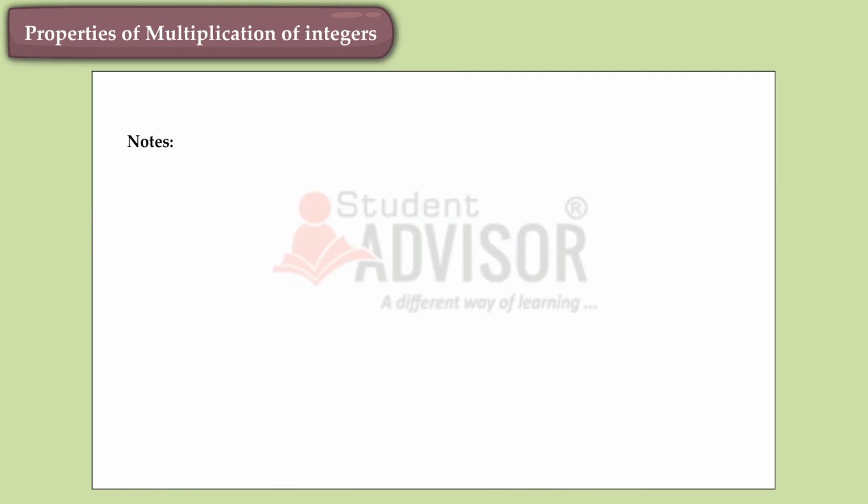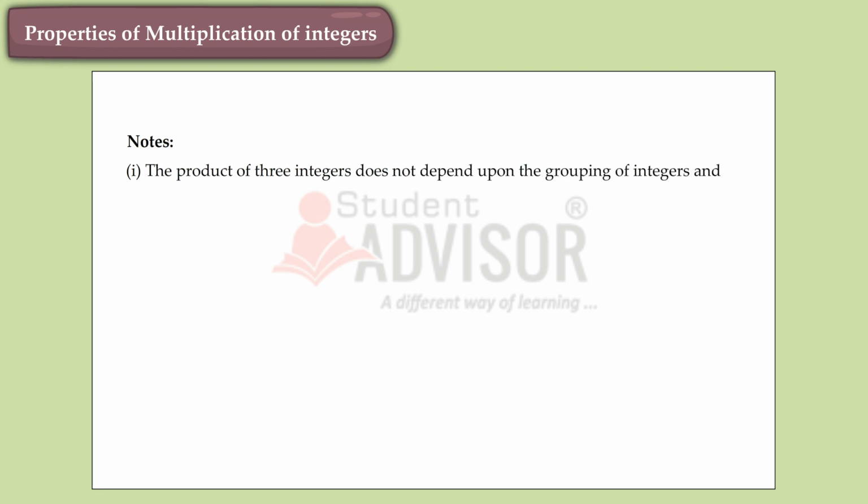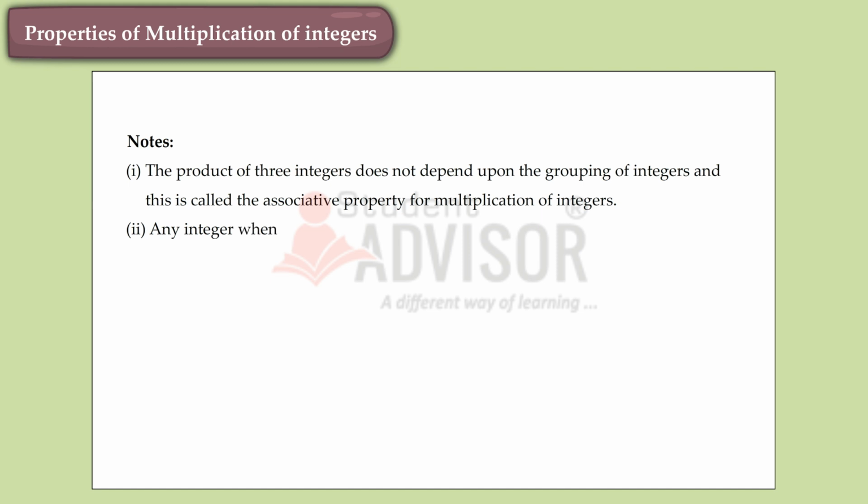Note: the product of three integers does not depend upon the grouping of integers, and this is called the associative property for multiplication of integers. Any integer when multiplied by 1 gives the same integer. Any integer when multiplied by 0 gives 0.